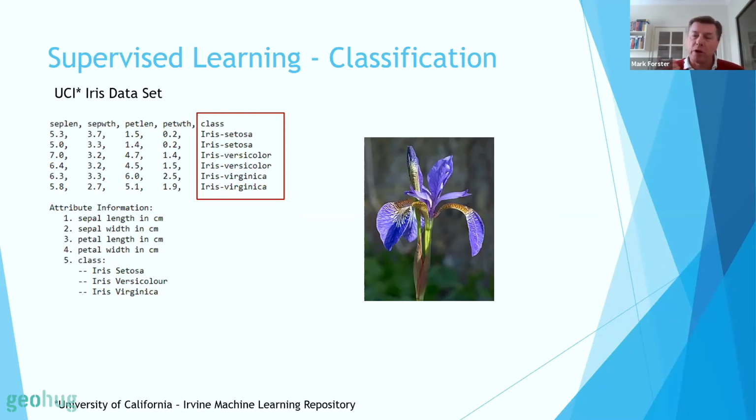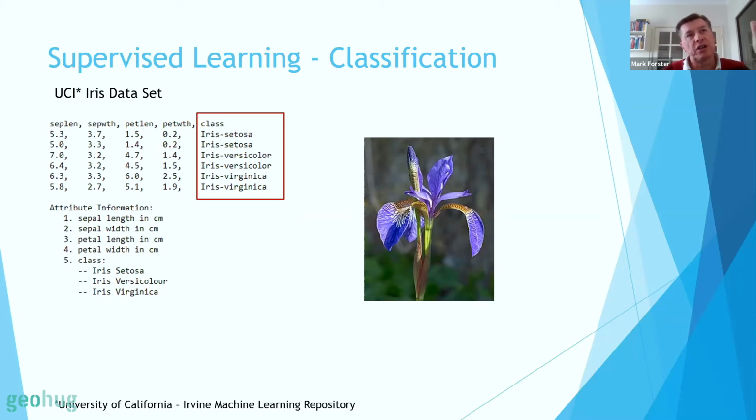But what it's doing now, instead of predicting a number of some type, is trying to predict a class. So you have quite often very different algorithms to do that. I've shown an example here where all the input data is numeric, but that doesn't have to be the case. It can also be categorical.